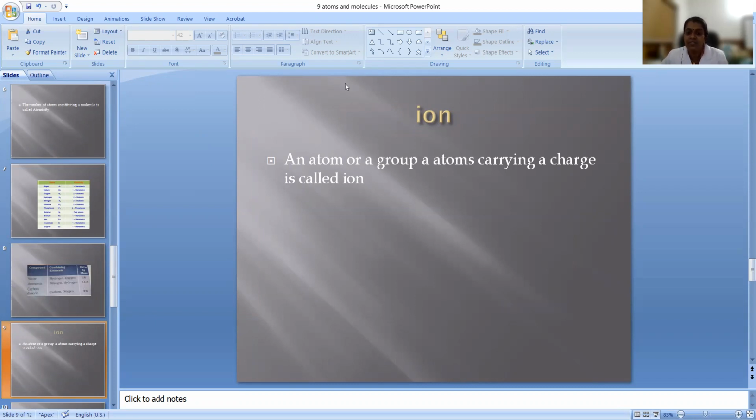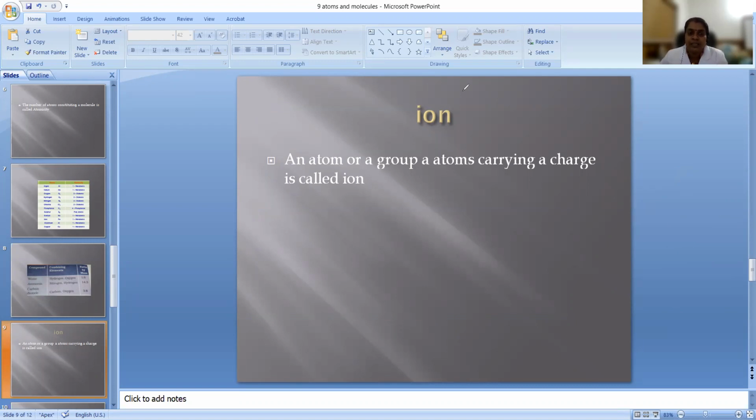From this definition itself, you can understand two types of it: monoatomic ion and polyatomic ion. Monoatomic consists of one atom, like aluminium 3+, calcium 2+. Polyatomic means that it consists of more than one atom carrying a charge. A group of atoms carrying a charge is called a polyatomic ion.